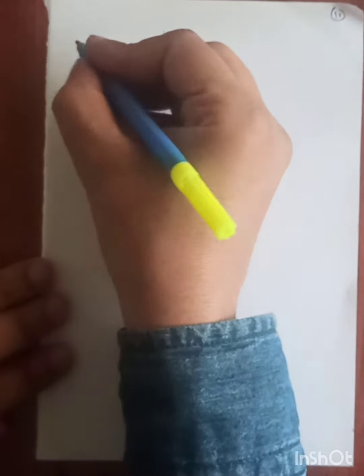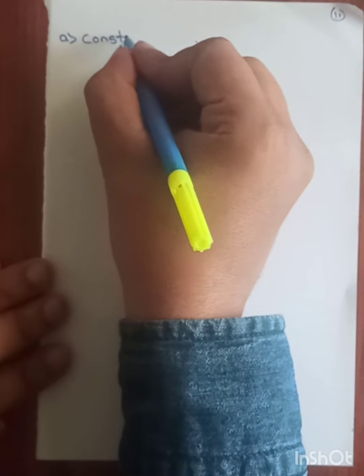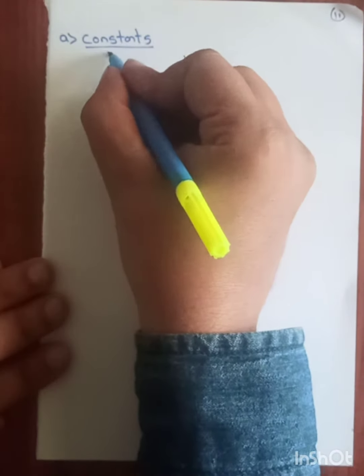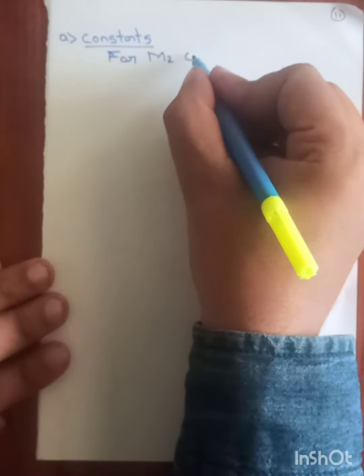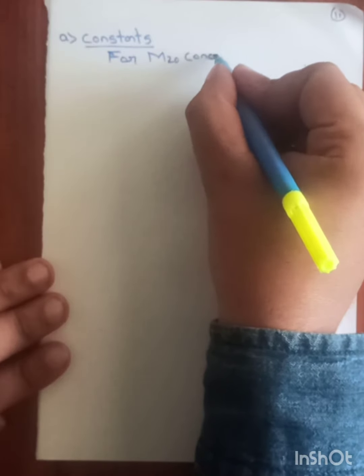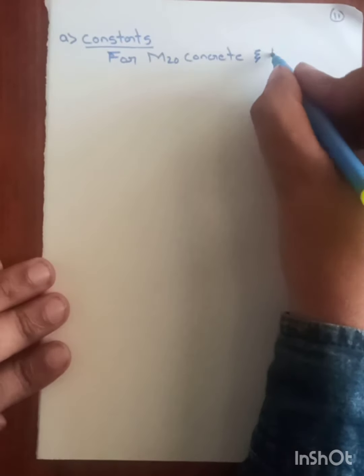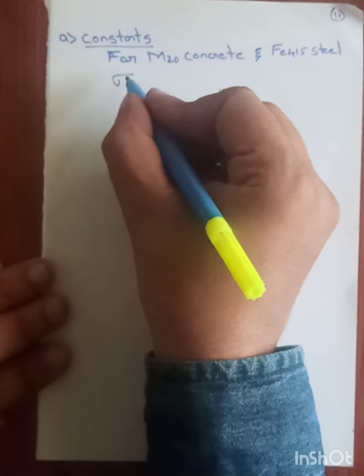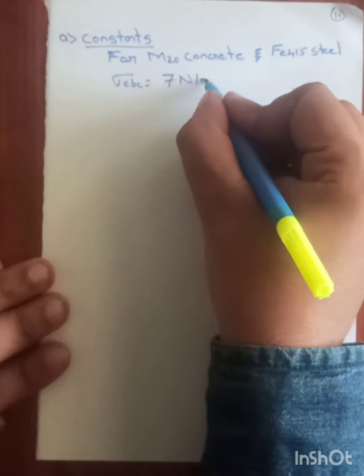So let's first write down the constants. We have M20 concrete and Fe415 steel, for which sigma CBC is 7 Newton per mm square.